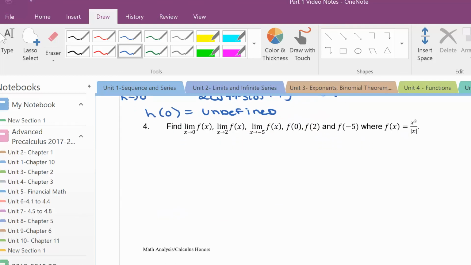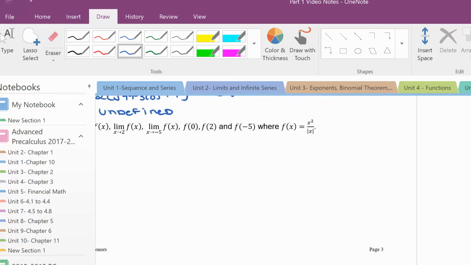Number 4 is a piecewise function. So notice, because it's absolute value, you first want to define the piecewise function. So it's going to be x squared over negative x if x is less than 0, and x if x is greater than 0.